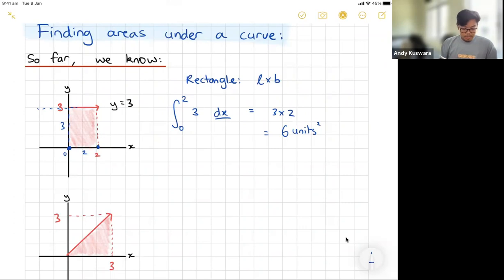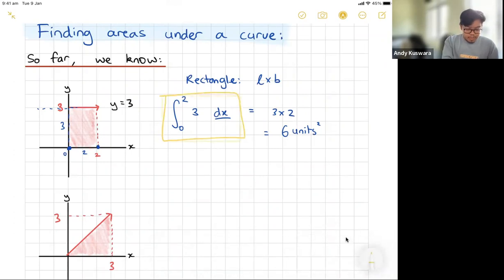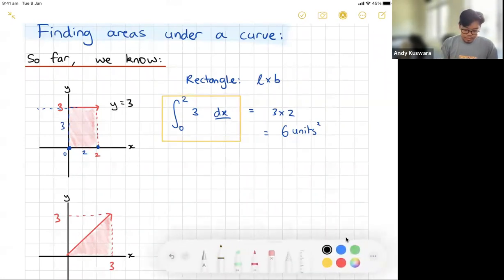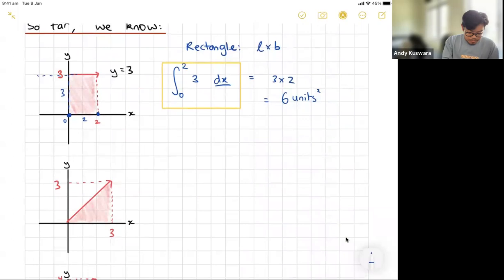Again, don't stress too much if this part has confused you. Let's just talk about finding the area underneath. The next one that we kind of already know is we can see this shape here is a triangle. Now with a triangle, we know that it's half times base times height. That's the area for a triangle.